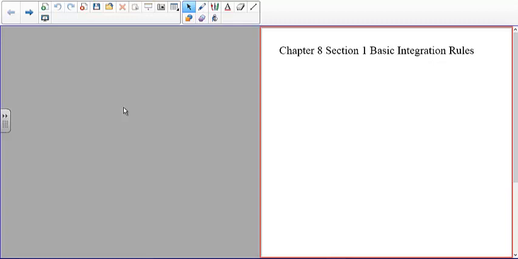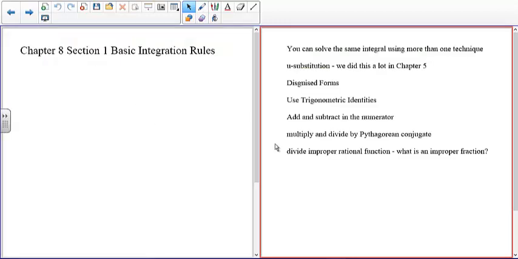Then we do something called L'Hopital's rule. So we'll talk about integrals with infinite limits, but not infinite answers. But the basic integral rules are the ones that are in your book. So these are the things we're going to cover in this chapter.